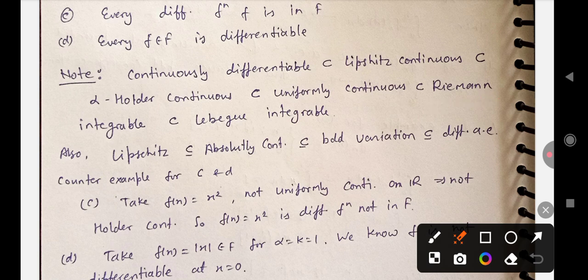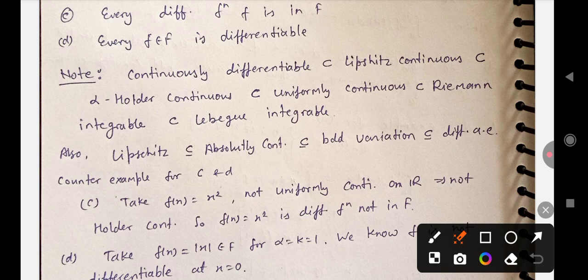This is a subset of Riemann integrable, and this is a subset of Lebesgue integrable. Also, Lipschitz is a subset of absolutely continuous, and this is a subset of bounded variation. This is a subset of differentiable almost everywhere.